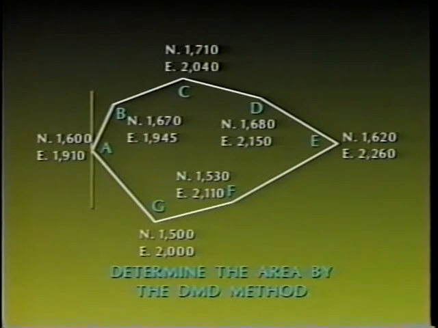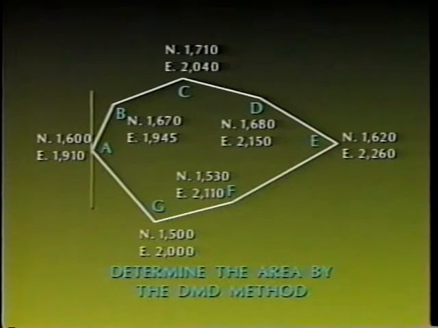Number 1, start DMD calculations from the most westerly point in the traverse. 2, the DMD of the first course is equal to the departure of the first course. 3, the DMD of the second course through the next to last course is equal to the DMD of the preceding course plus the departure of the preceding course plus the departure of the course itself.